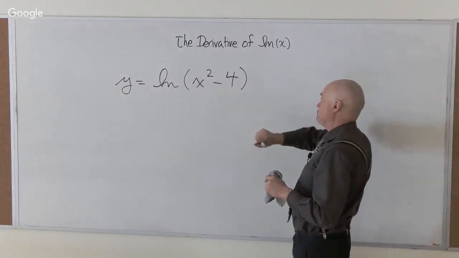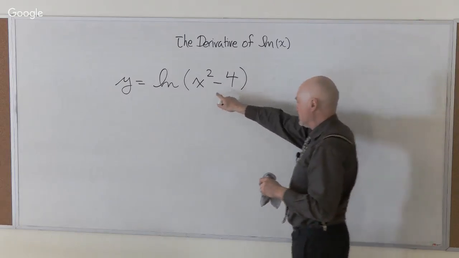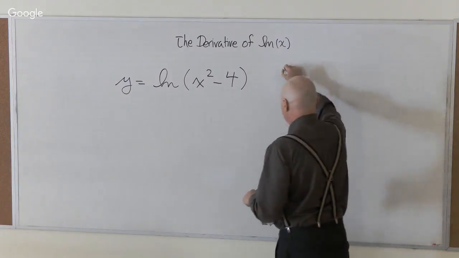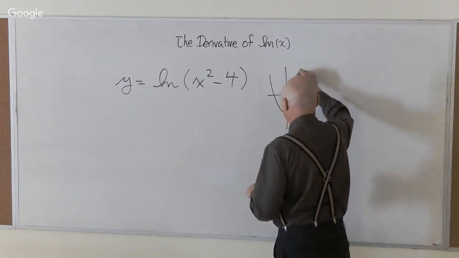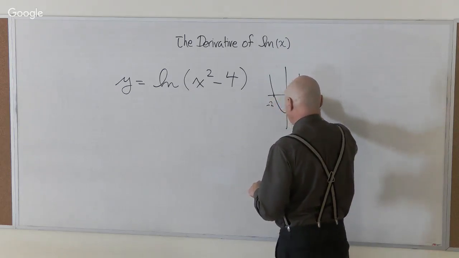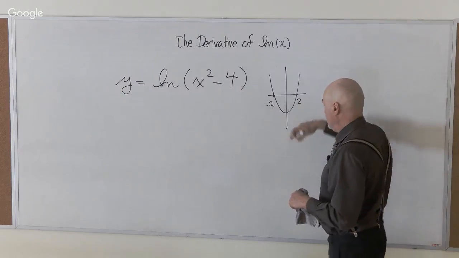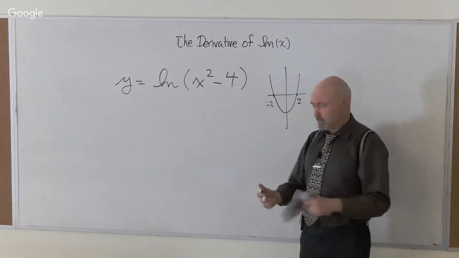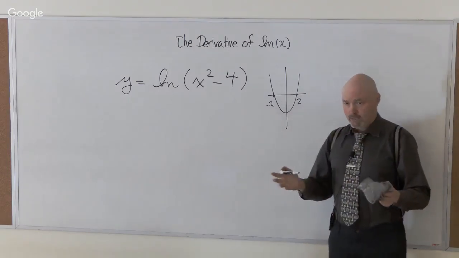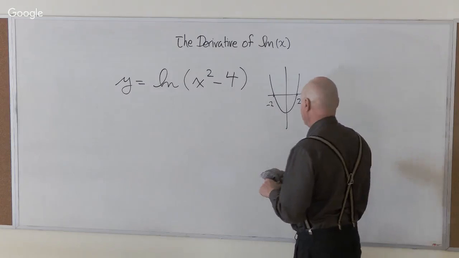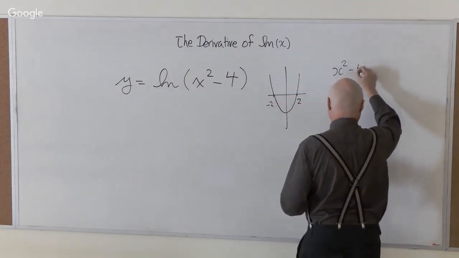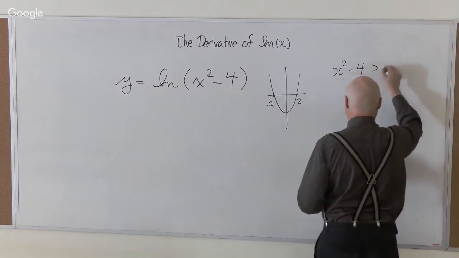But we do have to think about this restricted domain, because, look, this is like a parabola that's translated down 4 units. So graphically, it looks like this. And if we're really sharp about it, we know that that's at x equals -2, and that's at x equals +2. This parabola is below the x-axis when x is between -2 and +2. So now we have to just put on the restriction of the domain here. Another way of looking at it algebraically is x squared minus 4 has to be greater than 0.